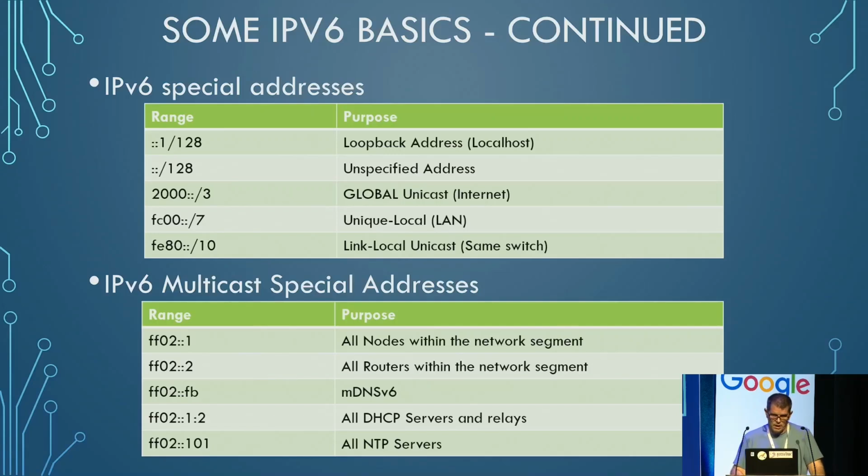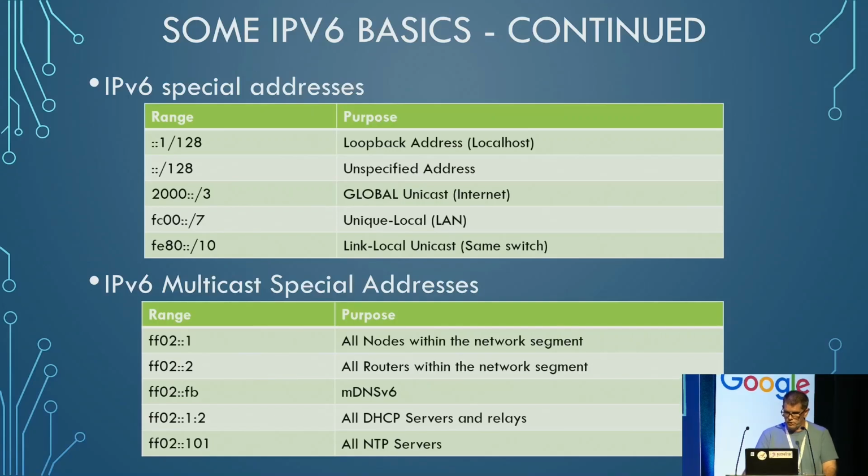FC00::/7 is used for the unique local prefix. And FE80::/10 represents the reserved link-local unicast prefix, so for hosts on the same collision domain or the same switch.